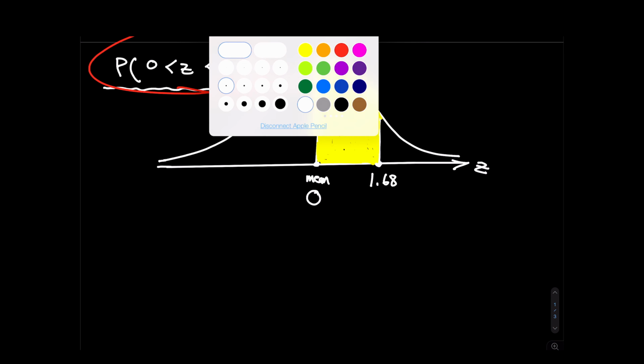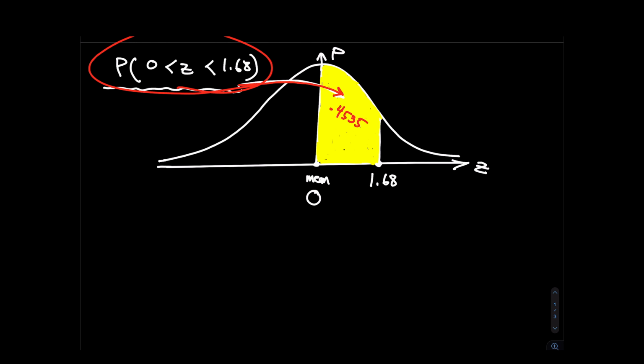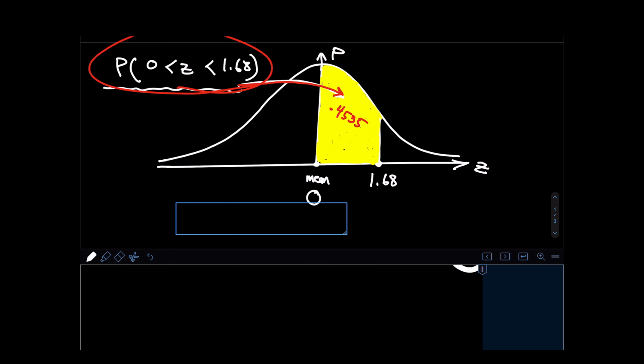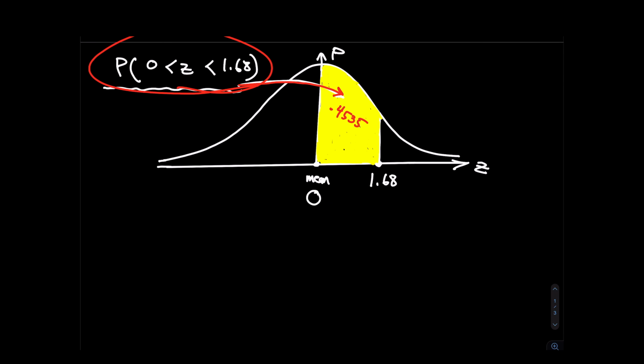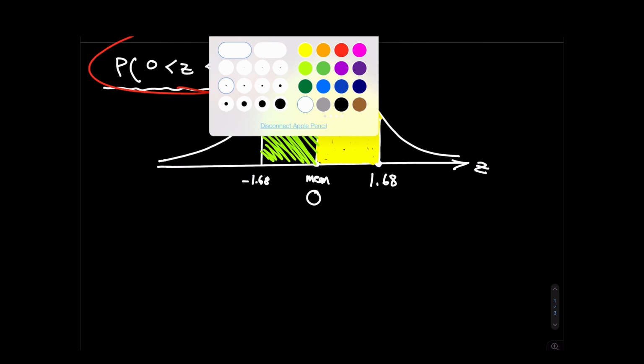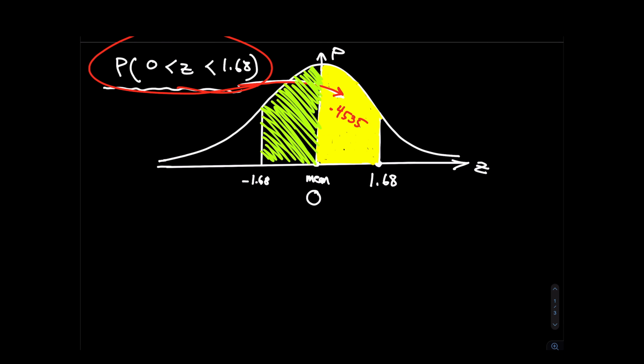Now, it turns out, because of the symmetric nature of the normal distribution, which makes it special, if I ask you to find the probability that you are between negative 1.68 and 0, and I'm going to color that with green, how would I write this green area as a mathematical question?